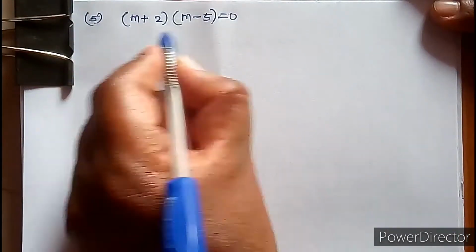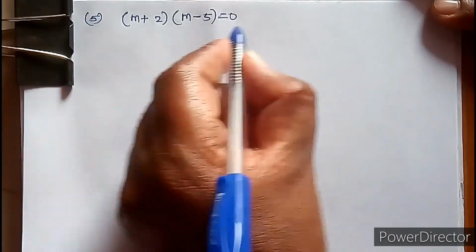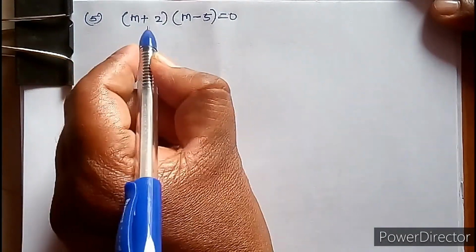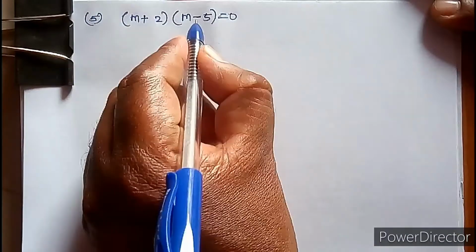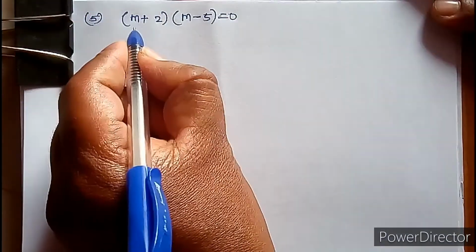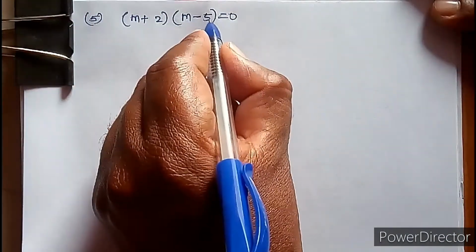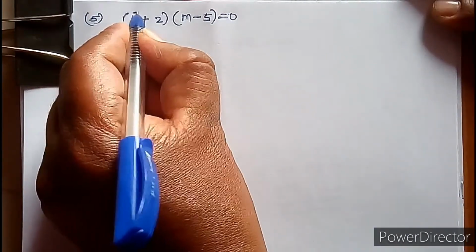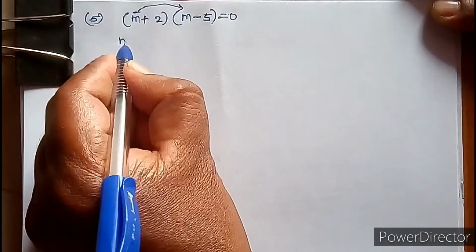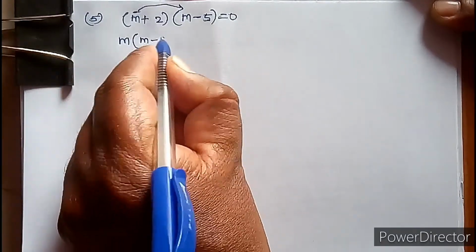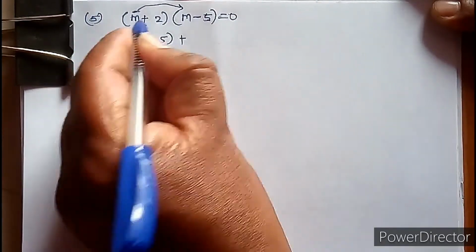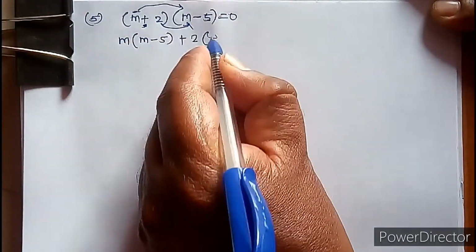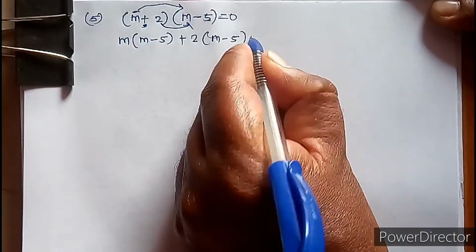Now we have to check whether this equation is quadratic or not. It seems like it is not a quadratic equation, but on solving, what we get. Now here we have to solve m plus 2, m minus 5 equals 0. Multiply m with this, that is m into m minus 5, plus 2 into m minus 5 equals 0.